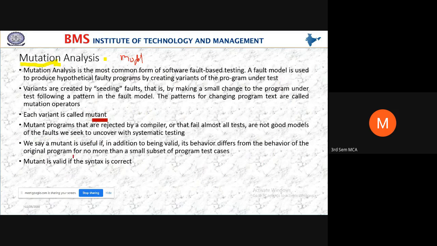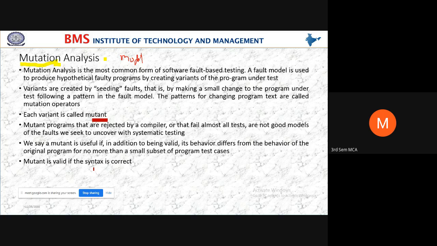We say a mutant is useful if, in addition to being valid, its behavior differs from the behavior of the original program for no more than a small subset of the program's test cases.